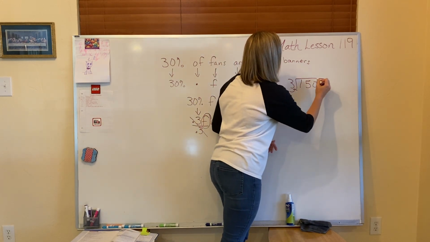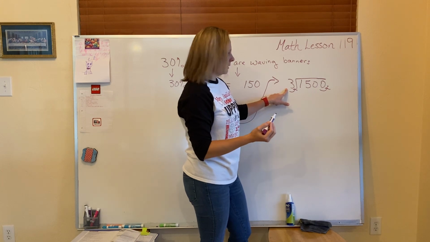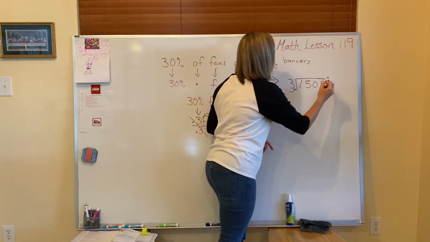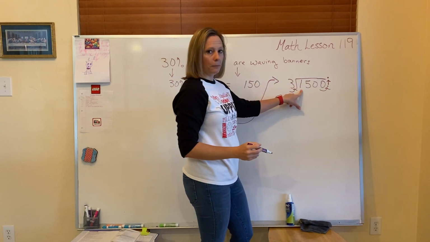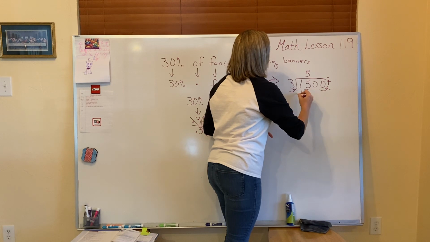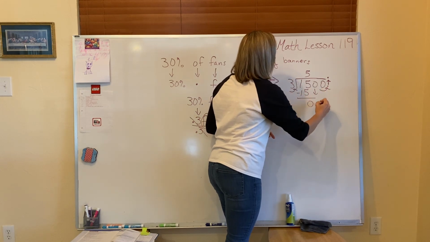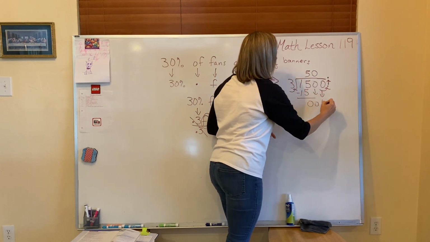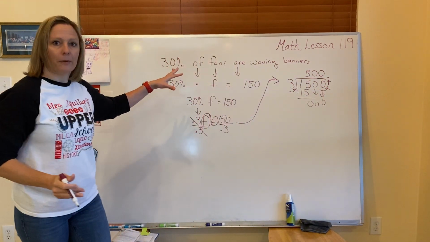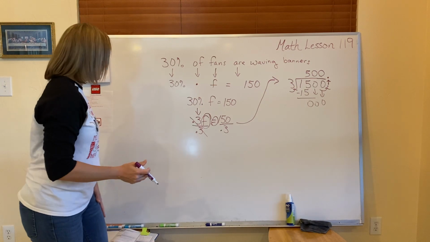It's crazy talk. And we know our rule is over, over, up. Put our decimal right there. 3 goes into 15 5 times, and then we bring down our zeros. Our answer is, there are 500 fans total.